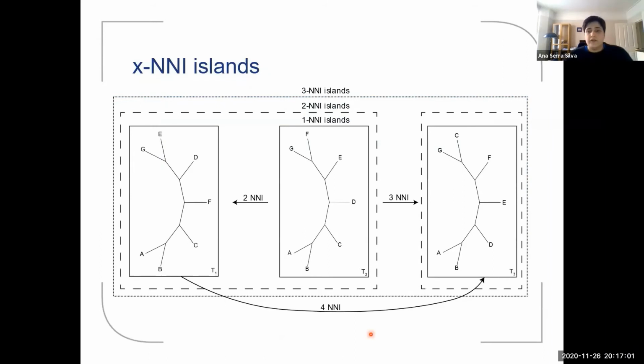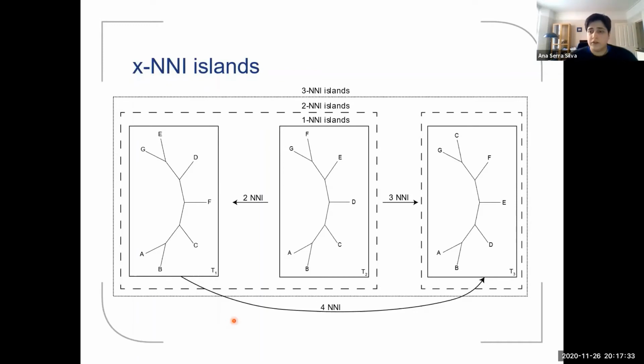Now, this also led us to a thought, which is that the traditional, so Maddison's definition of islands assumes that all trees in an island have an adjacency of 1. So for any pair of trees, you can get from one tree to the other by going through a series of trees that are 1 branch rearrangement away from each other.